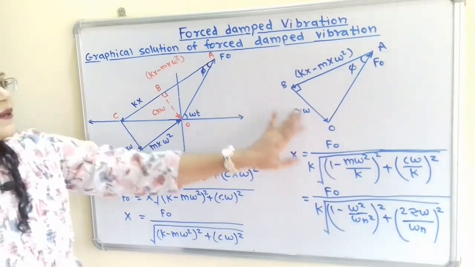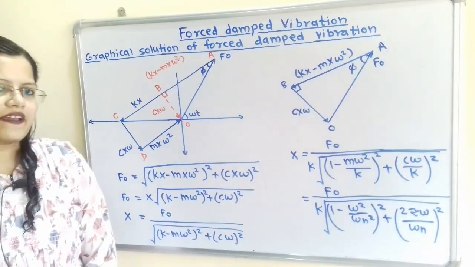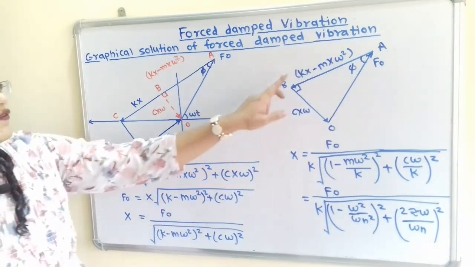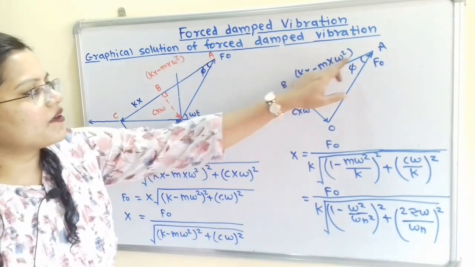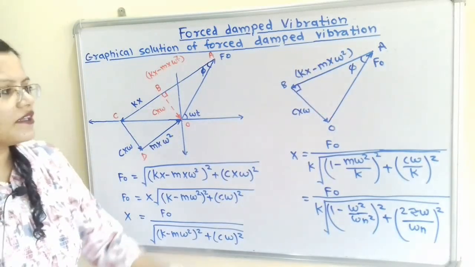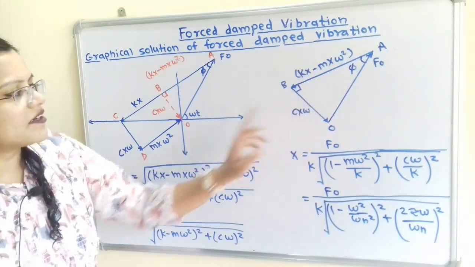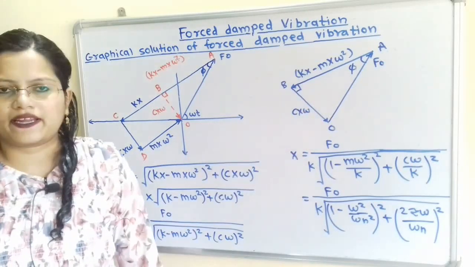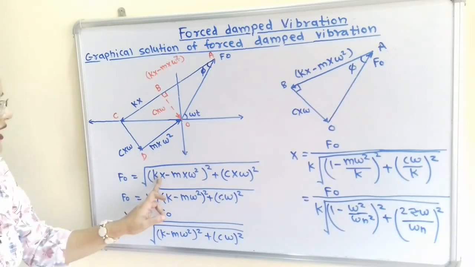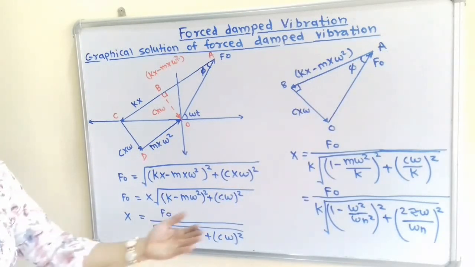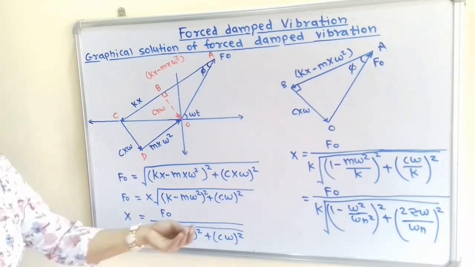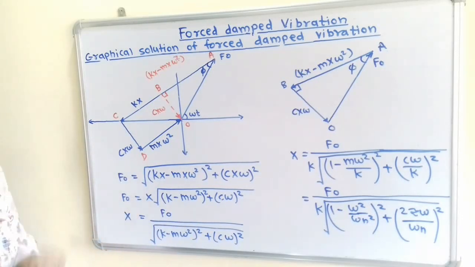The triangle ABO is the right angle triangle, and we can write Fo is equal to square root of this first term square, that is (Kx minus m x omega square) square, plus the second term square, that is (C x omega) square. Now here in each term inside the square root, x square is common and we will take it outside the square root. So when we take x square as a common term outside the square root, then it will become x.